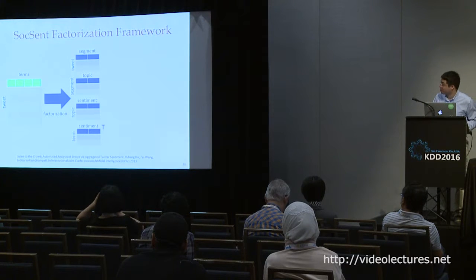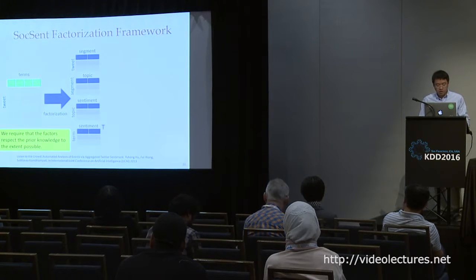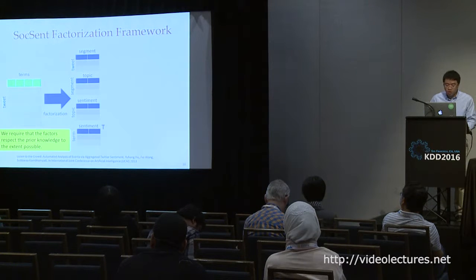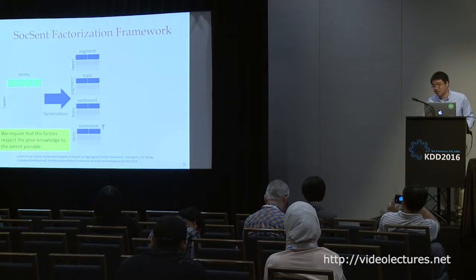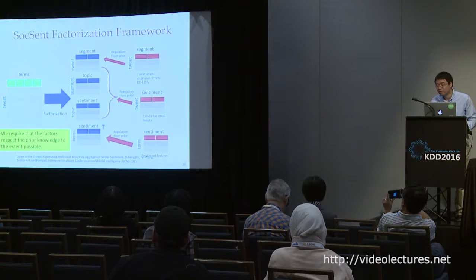So we want to factorize it into 4 submatrices along 3 latent dimensions. At the same time, it also requires the factors to respect the prior knowledge to the extent possible. So we have 3 prior knowledge sources here.